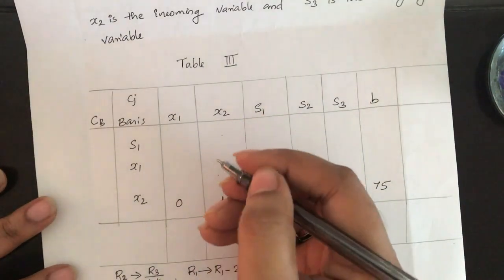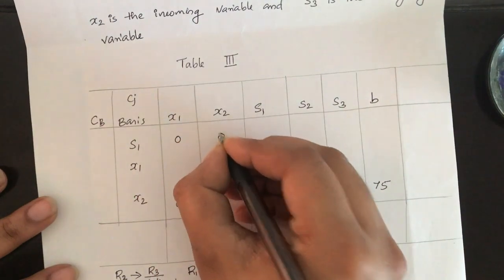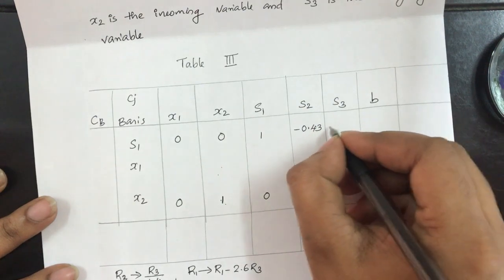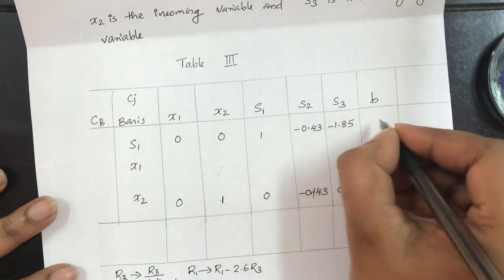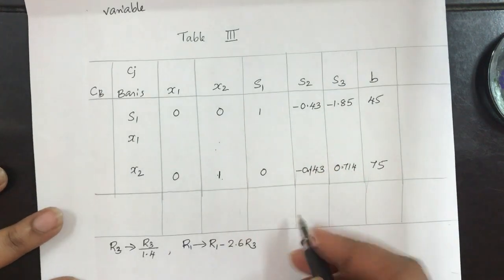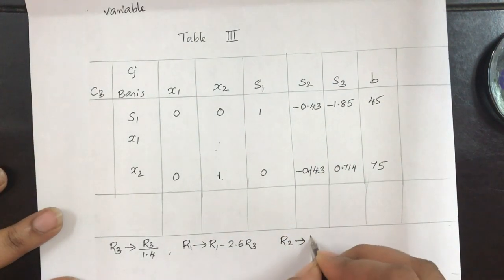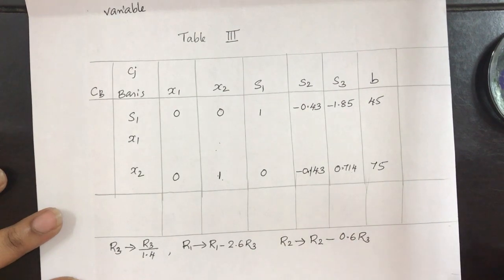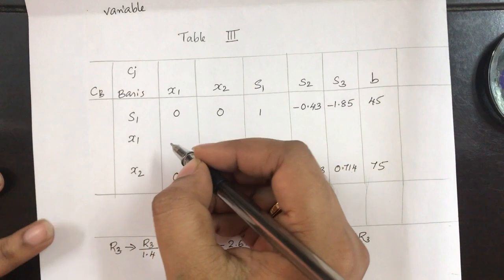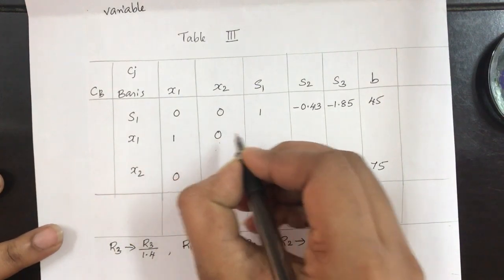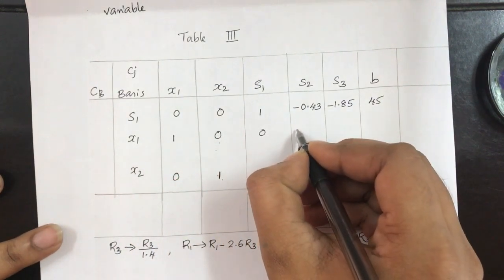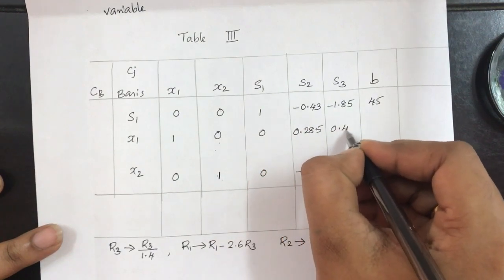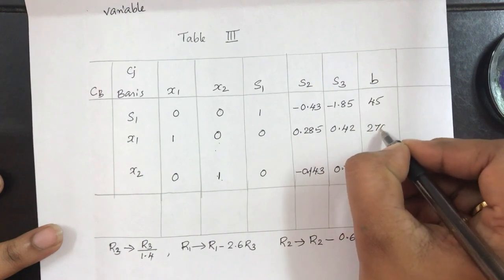So values will be 0, 0, 1, minus 0.43, minus 1.85, 45. And R2 changes to R2 minus 0.6 R3. So values become 1, 0, 0, 0.285, 0.42 and 270.